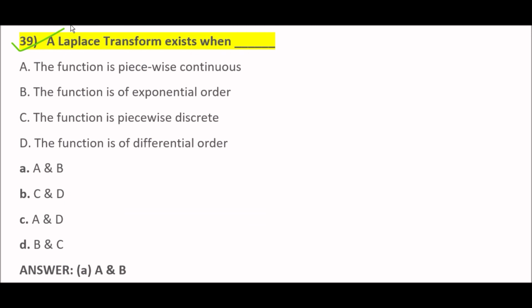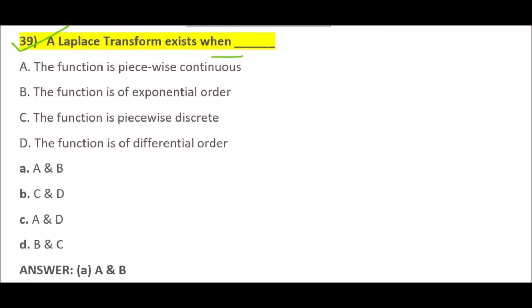Next question. A Laplace transform exists when, options A, B, C, D are given here. Option A, the function is piecewise continuous. Option B, the function is of exponential order. Option C, the function is piecewise discrete. And option D, the function is of differential order.